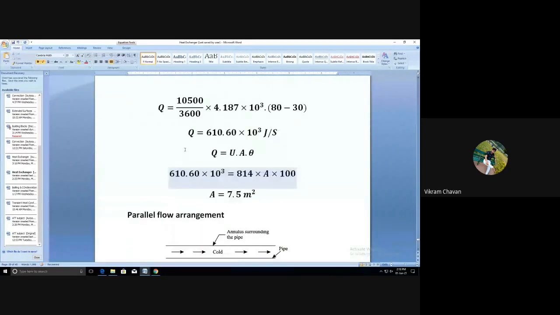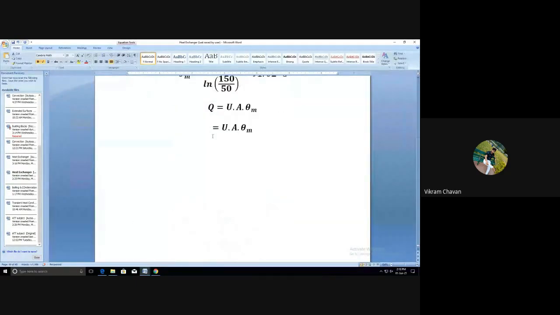Here theta m you are getting 91.02. Then calculate the area for the parallel flow.